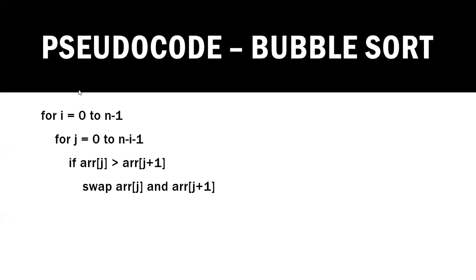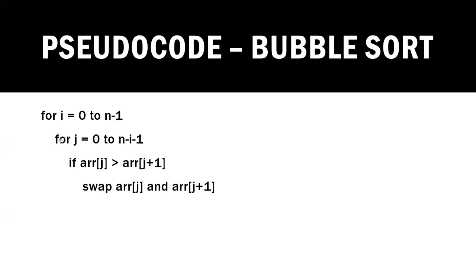So, making a for loop from I to n minus 1, where n is the number of elements in the array. So if you have 10 elements, then this is going to be 10 minus 1, or 9. And then the J loop is n minus I minus 1.